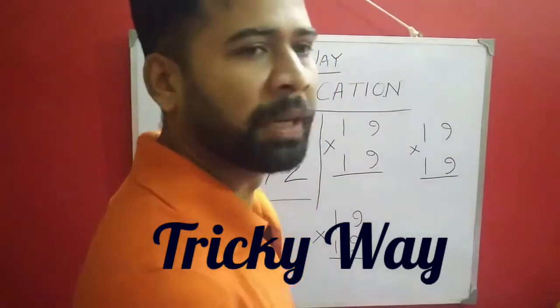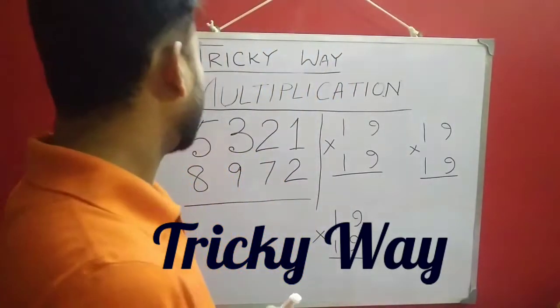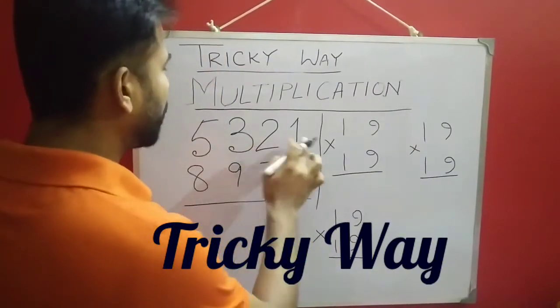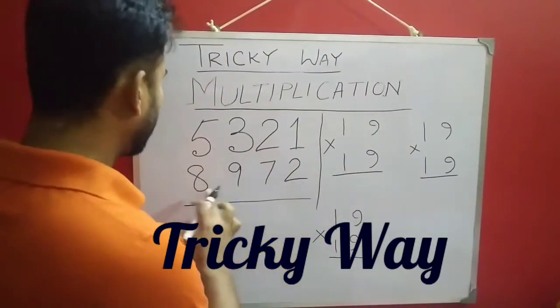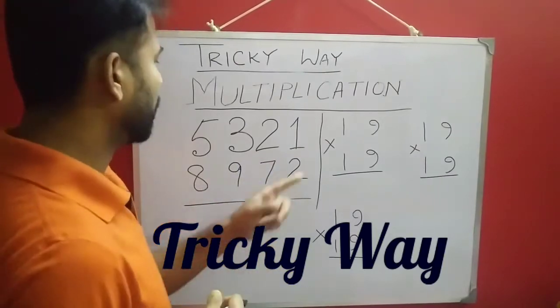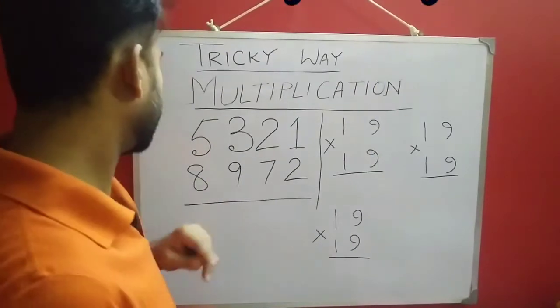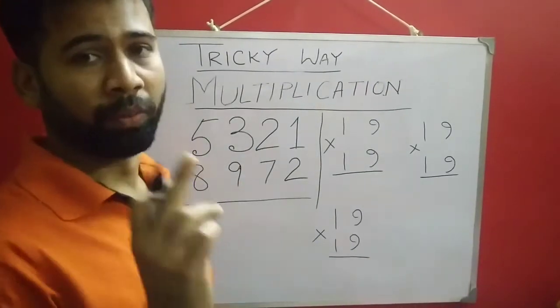Okay, so let's start. Today, I am going to multiply 5321 into 8972. I want to multiply this 4-digit number. So, what will be the answer?